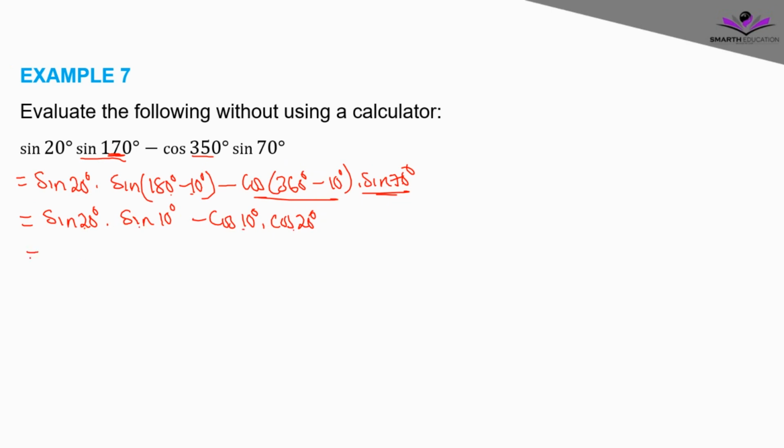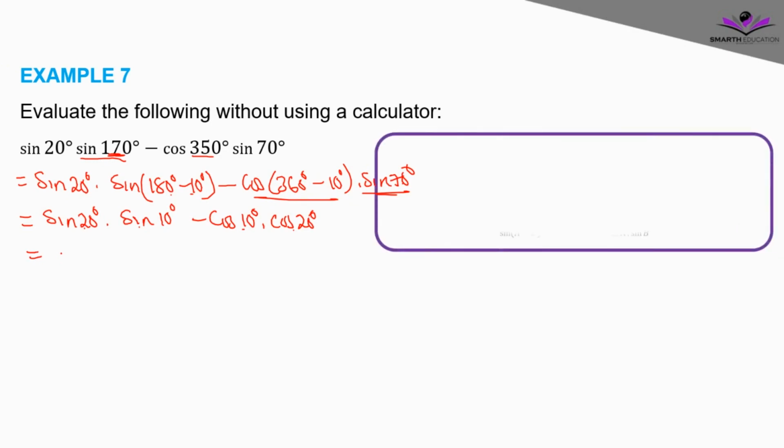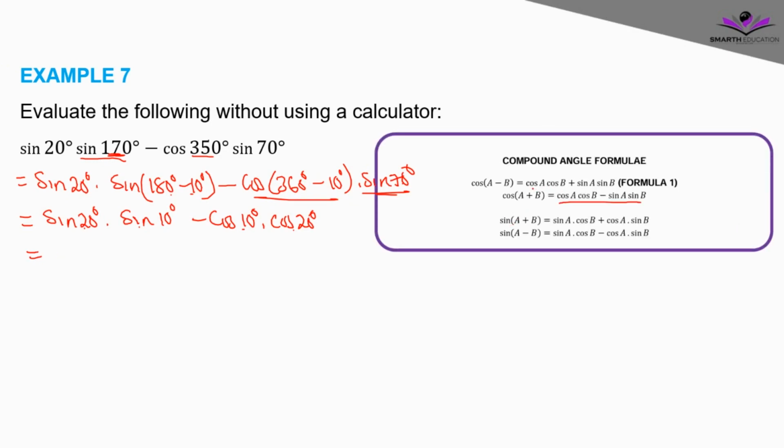We can rearrange this so that it looks like this formula. So we say negative cos 20° cos 10° plus sin 20° sin 10°.